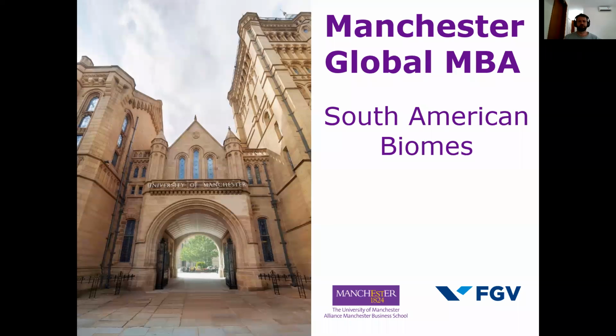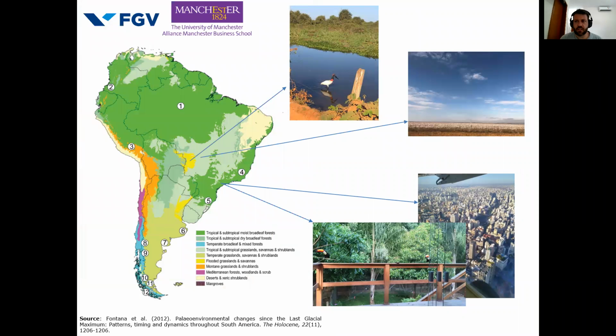There we are. Well, this is our map of South America. What we have in South America today. Most part of South America, I would say 40 to 45% of the territory, is covered by forest.